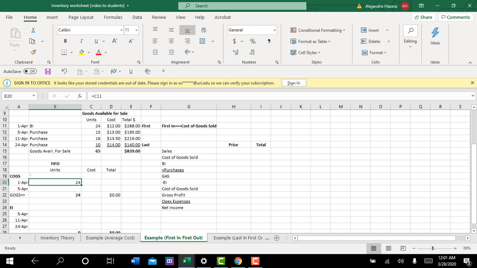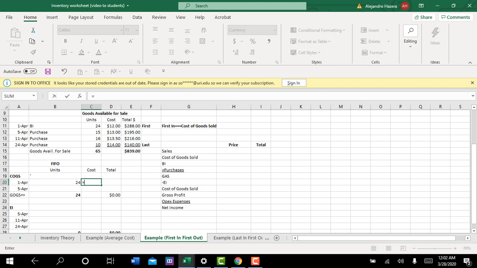So that layer was 24 at 12, that should be times, obviously, $288. So we know we sold 24 units at $12 each. So that was $288. Those are all gone. That's the first layer, and that was your beginning inventory.